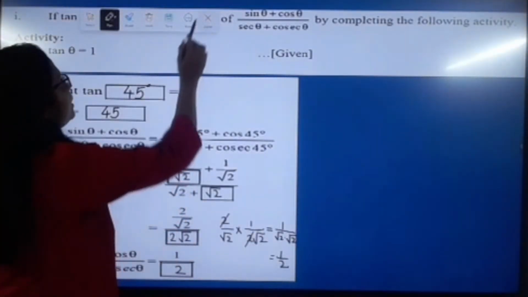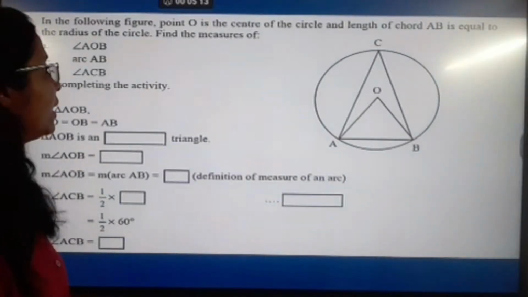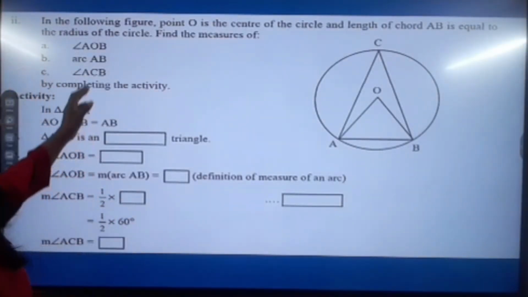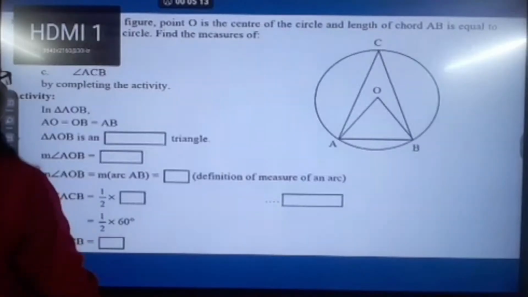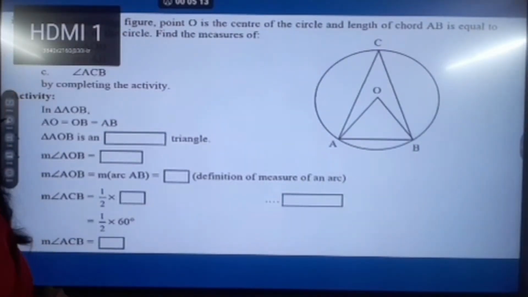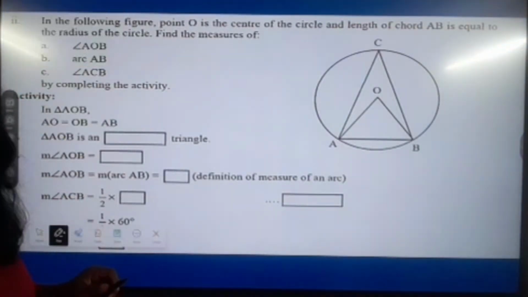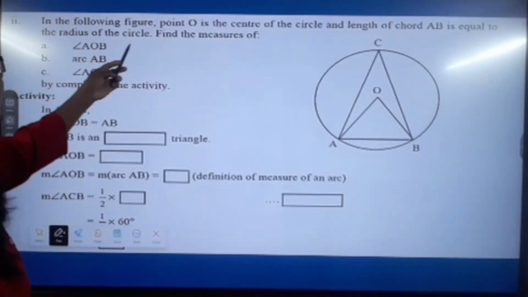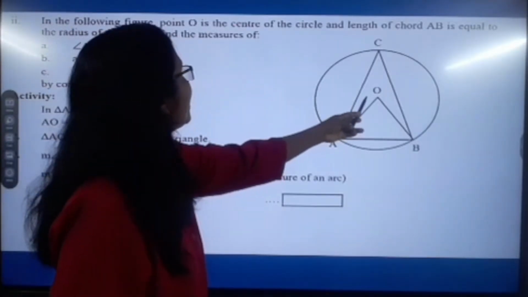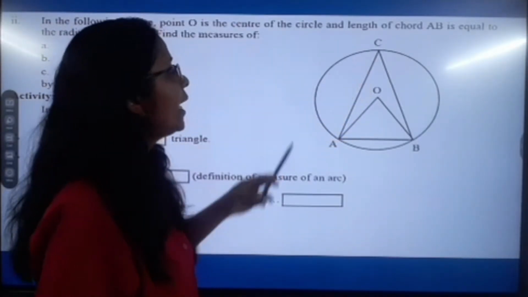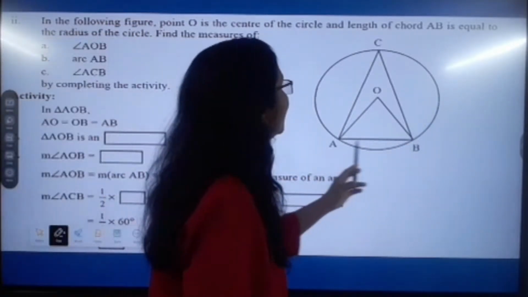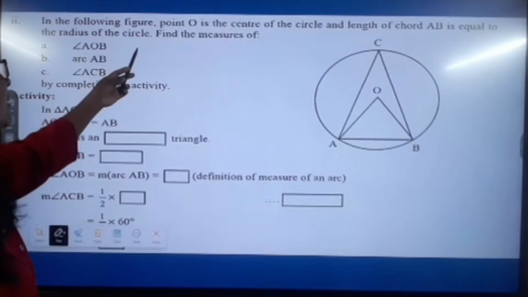Then the next example. In this example, in the following figure, point O is the center of the circle and the length of chord AB is equal to the radius of the circle.